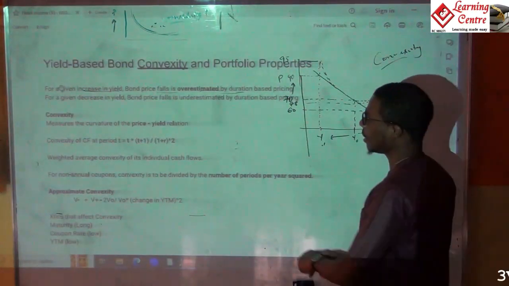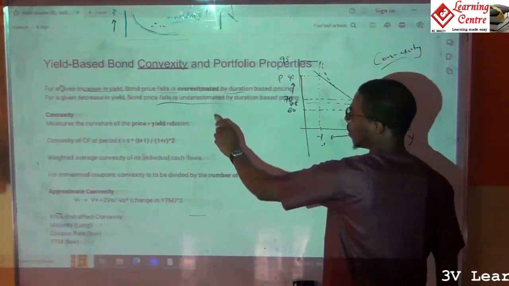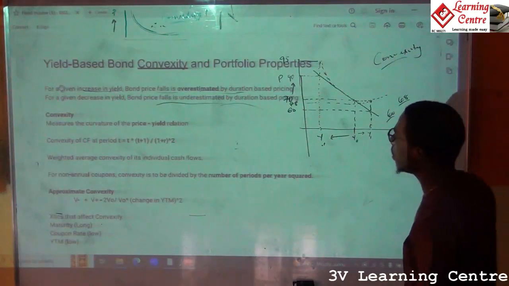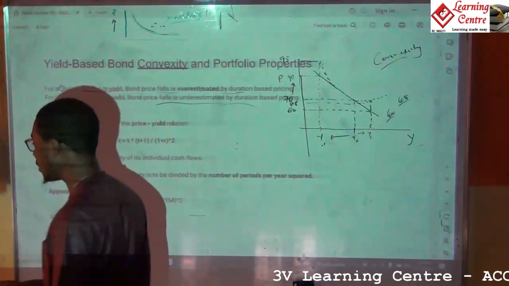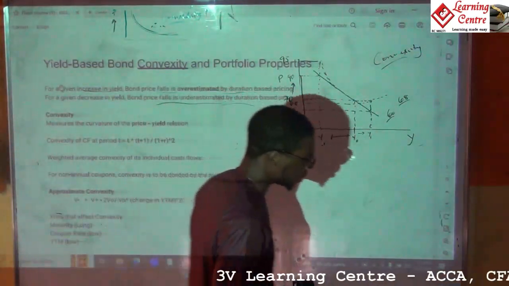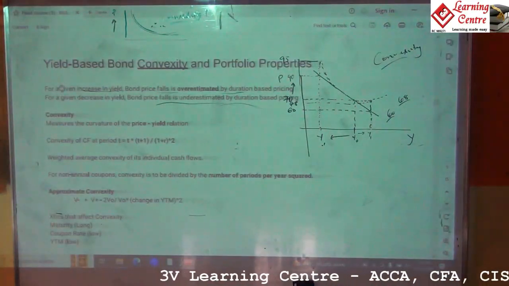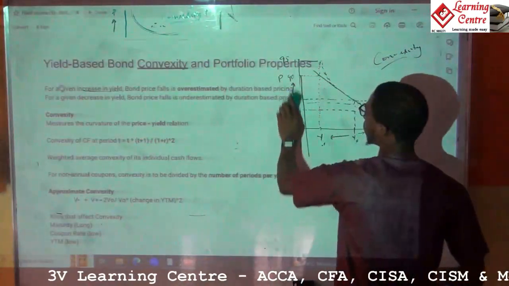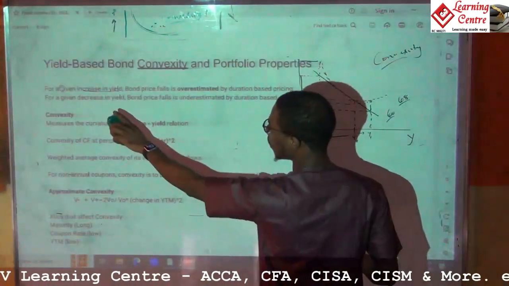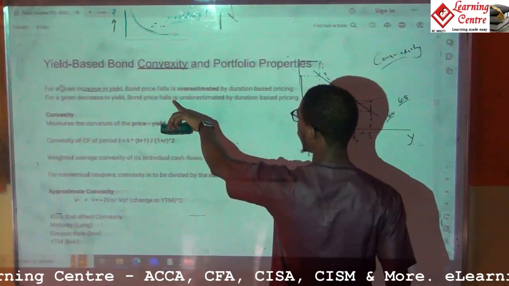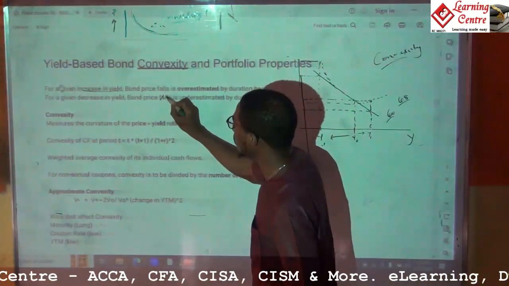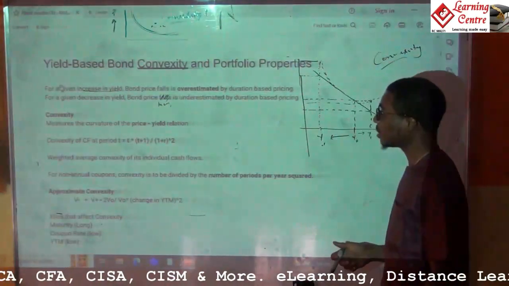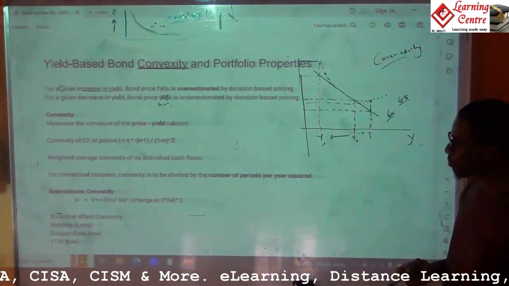And when the bond price increases, it's underestimated by duration measures alone. And that's how we measure convexity. So for a yield increase, the bond price falls, and this is overestimated by duration. For a yield decrease, the bond price increase is underestimated by duration.